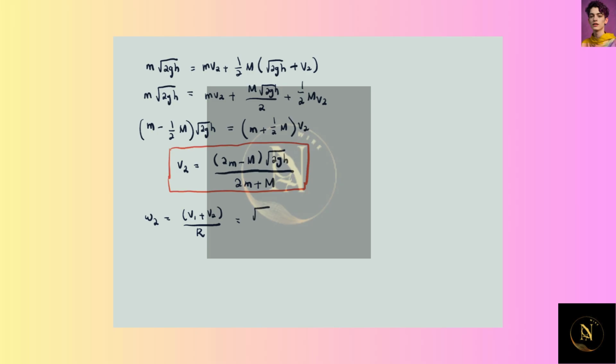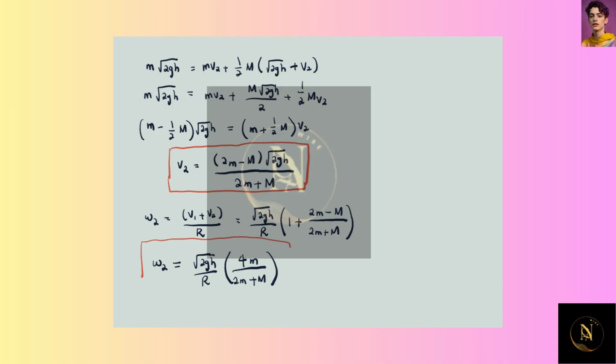So we'll actually get square root of 2gh over r times 1 plus 2m minus M over 2m plus M. Simplifying this, we'll get square root of 2gh over r times 4m over 2m plus M. So that's our expression for the angular velocity of the disk after the impact.